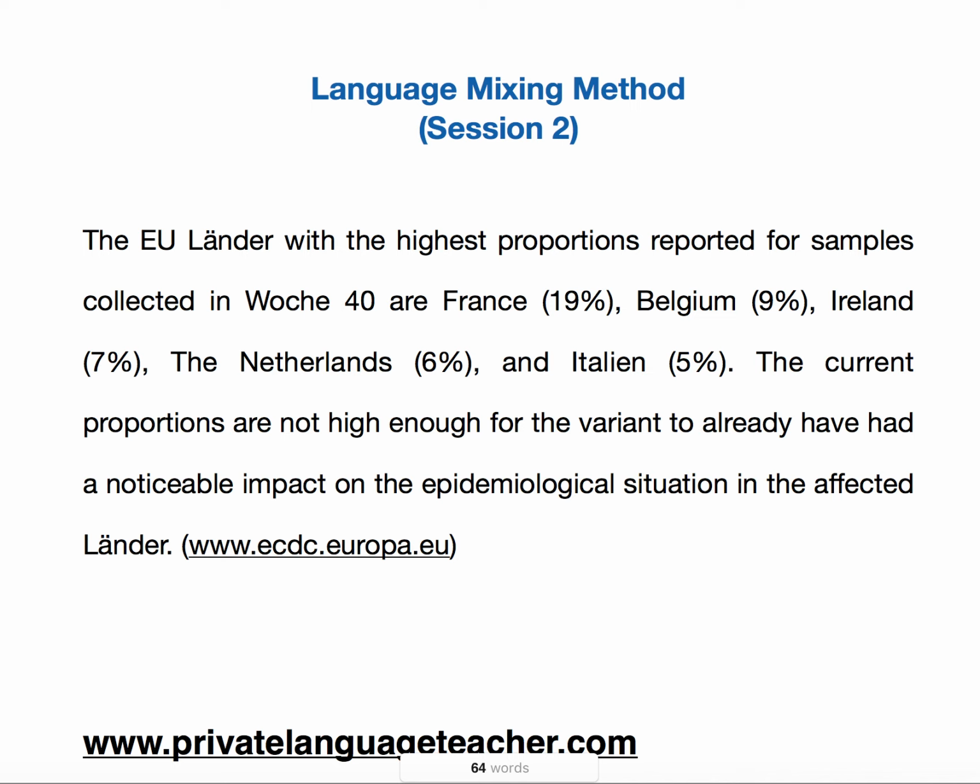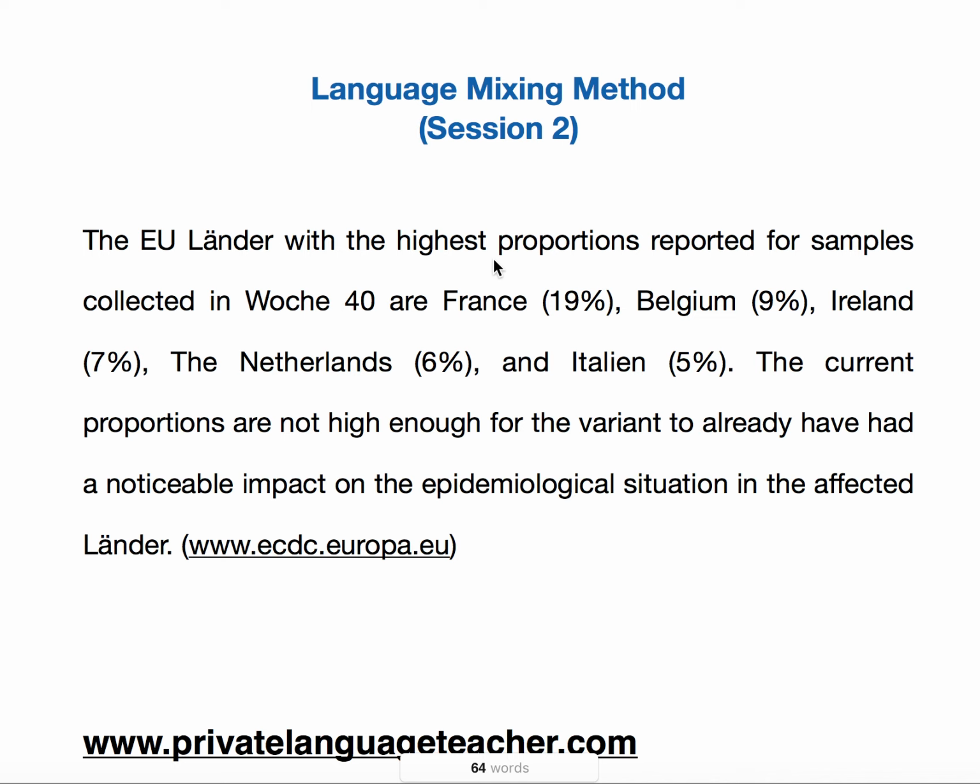So the first sentence here, the EU Länder. So you could guess what this means. With the highest proportions reported for samples collected in Woche. This is another German word. So this is a capital letter. What could this mean? The EU Länder. Try to guess or figure out.